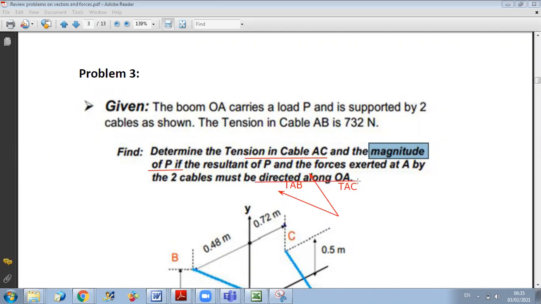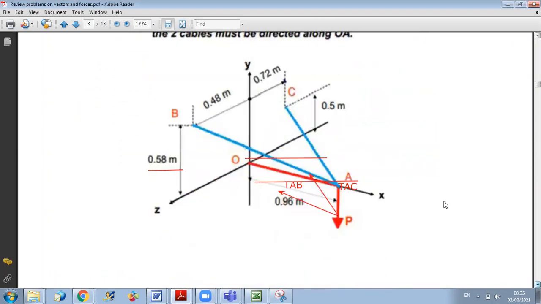So this is the information they gave me. How can I write this information? So I have three forces acting on A, which are P, TAB, TAC. And I know that if I do the summation of these forces, the resultant will be along OA.